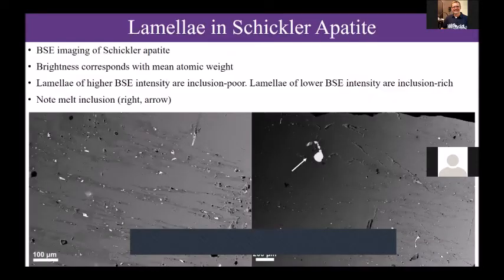So as I was looking at Schickler occurrence apatite crystals, we noticed that we have lamellae of higher BSE intensity that are inclusion poor, and lamellae of lower BSE intensity that are inclusion rich. So those are these lamellae in the apatite crystal here. Also note one of our melt inclusions that we're going to talk about later in reference to where the lamellae are.